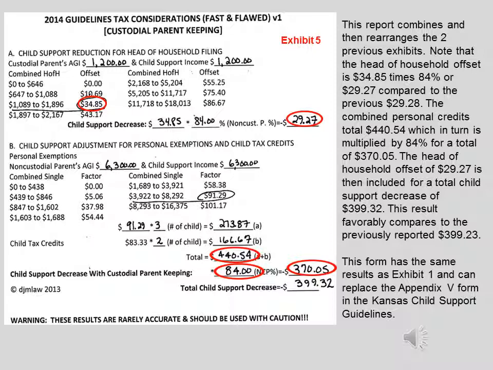The head of household offset of $29.27 is then included for a total child support decrease of $399.32. This result favorably compares to the previously reported $399.23. This form has the same results as Exhibit 1 and can replace the Appendix 5 form in the Kansas Child Support Guidelines.